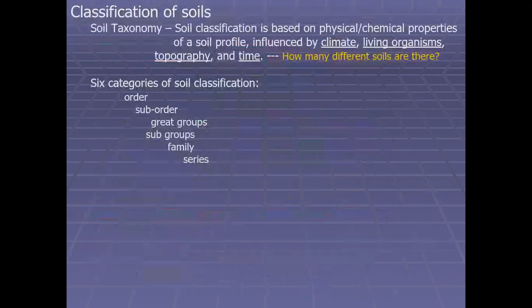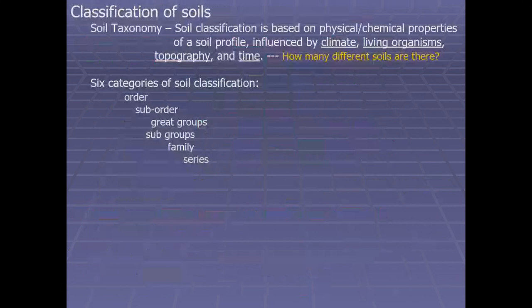Like anything else in the sciences, soils are no different. Scientists love to classify and categorize and put things in certain kinds of order. So we're going to do the same thing now with classification of soils. There are 6 categories of soil classification: order, suborder, great groups, subgroups, families, and series.